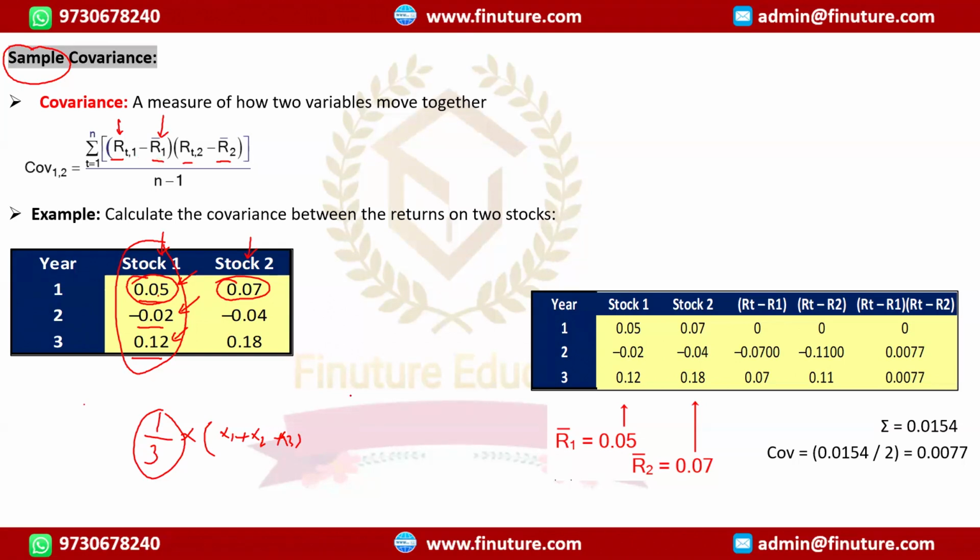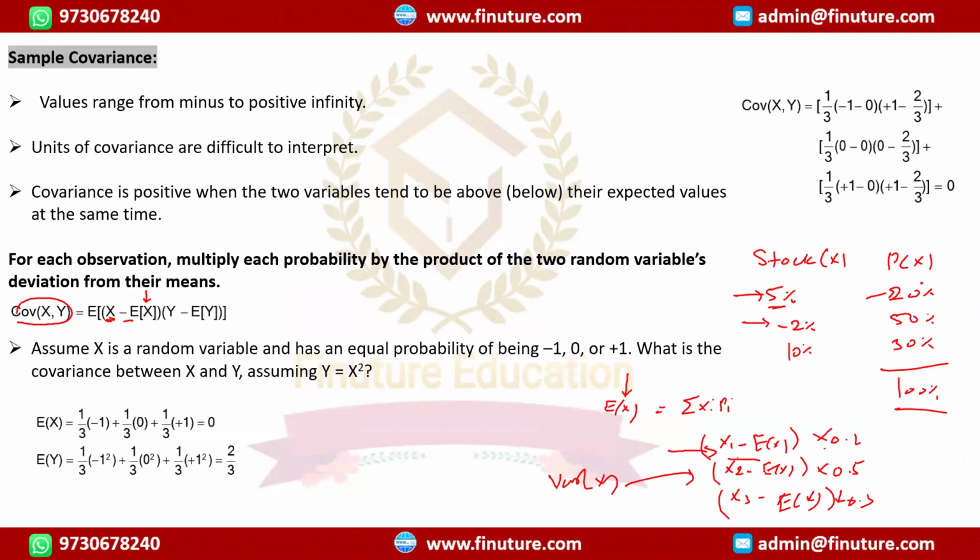Let me answer it. This was variance: if I directly multiply the deviation with the probability, I'm calculating variance. But if I need covariance, be very attentive.